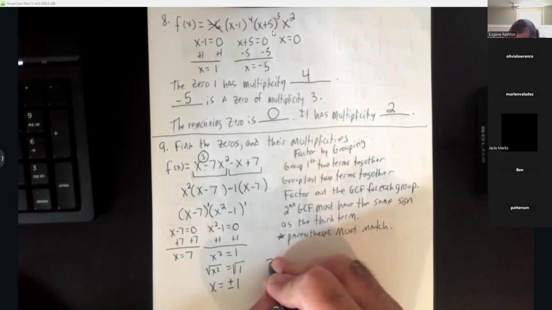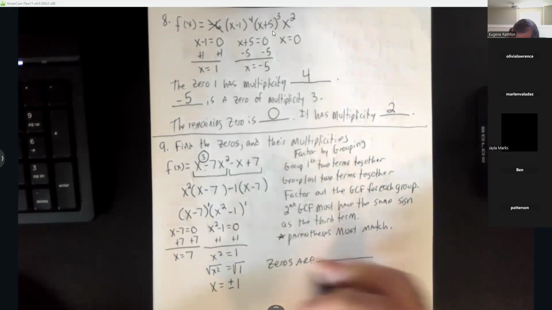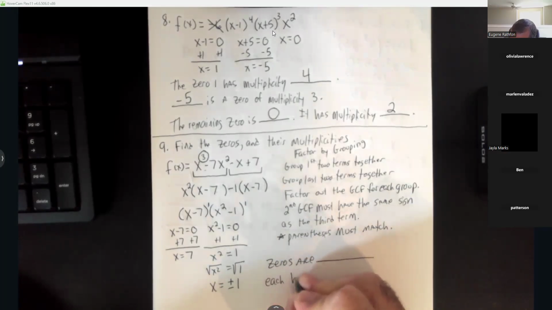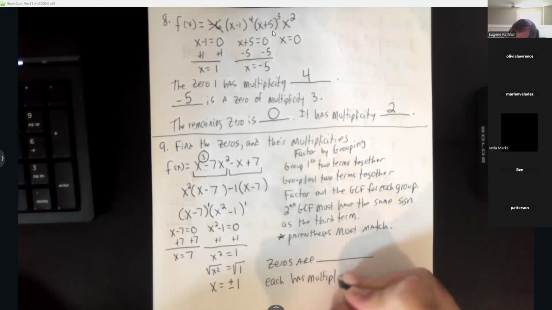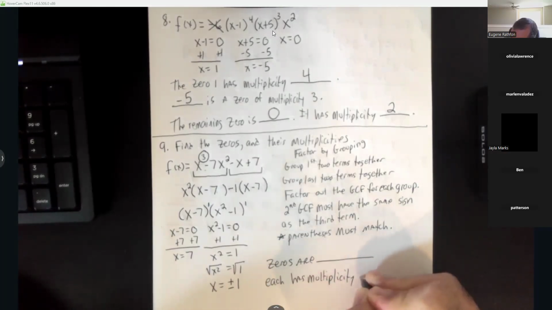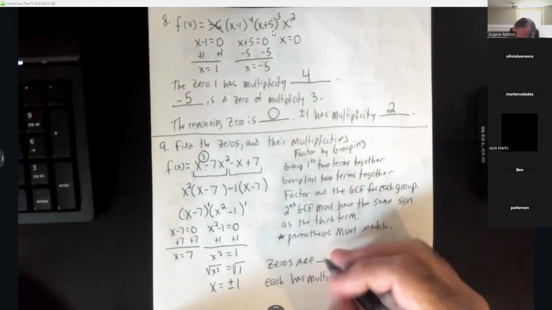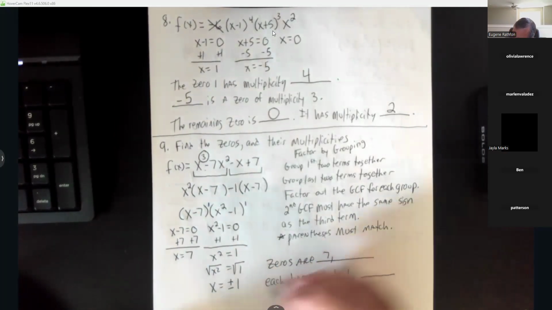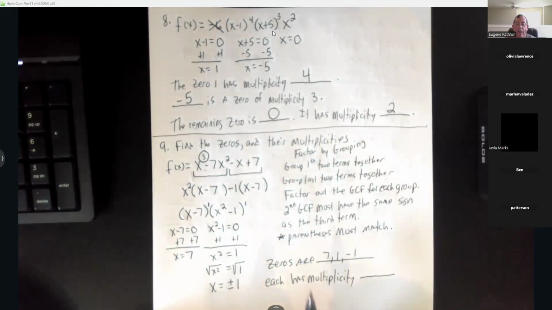So the zeros are blank. Each has multiplicity blank. Well, here's my zeros. I had a 7. I had a 1 or a negative 1. Now you can do 7 and plus or minus 1. It'll take that also.